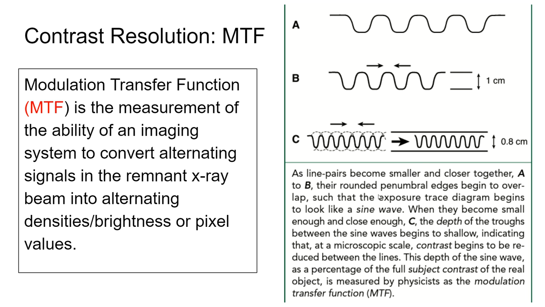When that happens, it starts to look like a sine wave. But if you ask me, they all kind of look like a sine wave. All right. So that's not as important. But when they become small enough where they're starting to overlap, and the depth of the troughs, right, which are the lower portions, right, not the top of this curve, but this part down here, this part down here, when they start to become more shallow, so vertically they're getting compressed. Can you see that?